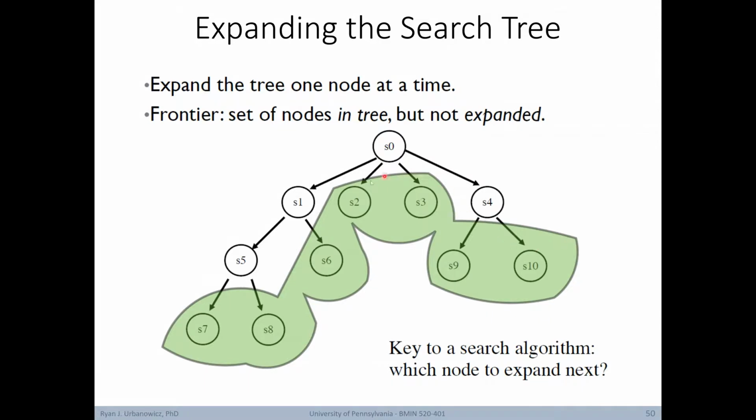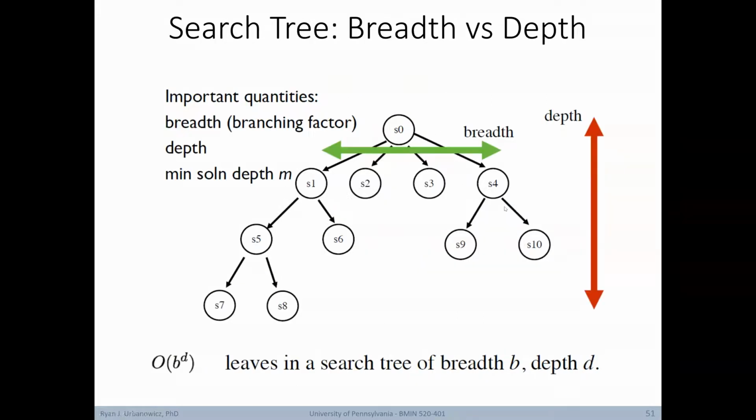So here the frontier is represented by this shading of green, and our search algorithm might have already looked at all of these nodes not within the frontier. So the question that differentiates one search algorithm from another is which of these nodes in the frontier do we expand or examine next?